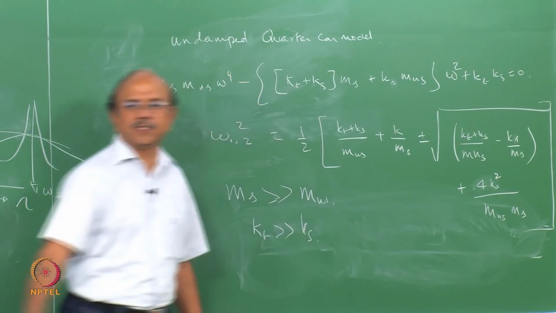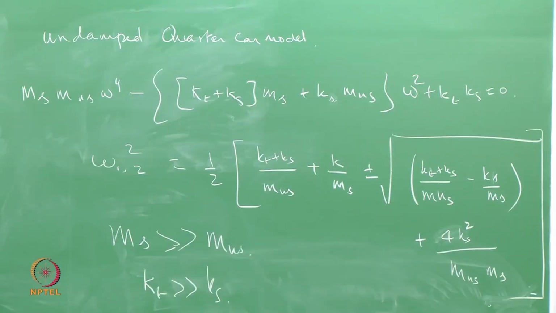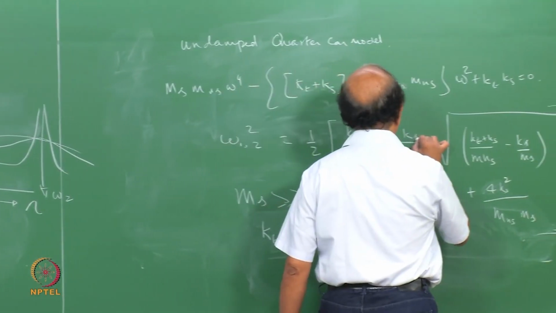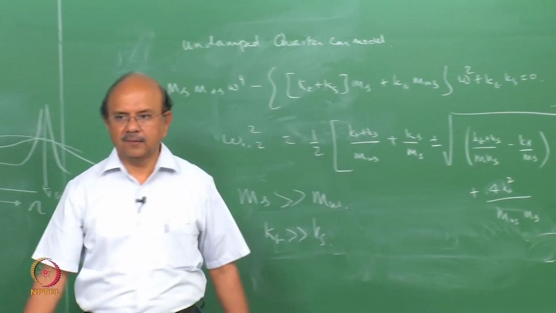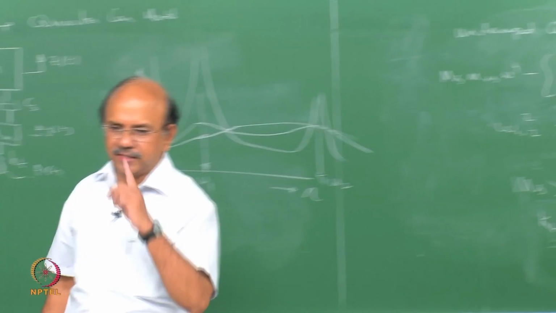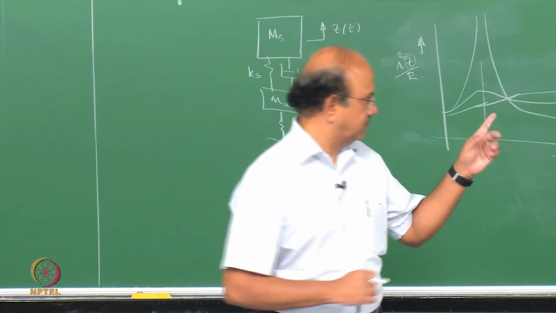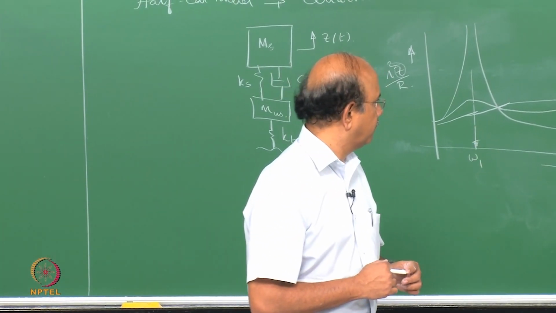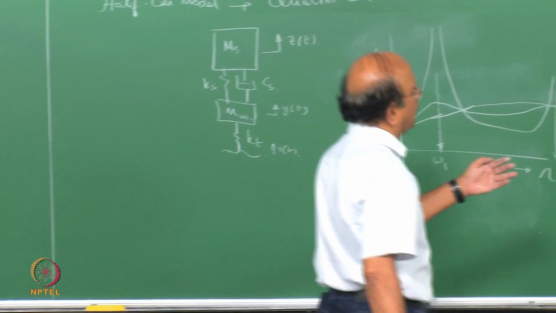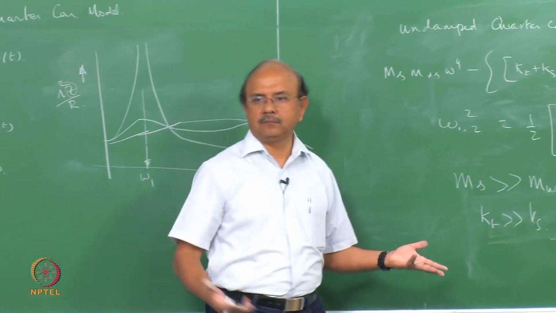These two assumptions are not assumptions, they're facts of life. This should be Ks. I'll just check that. I think it's Ks. Next class I'll get this thing. So these two are well known.